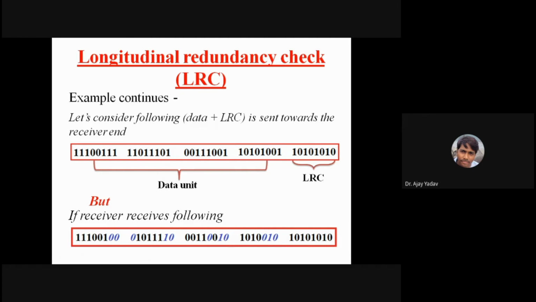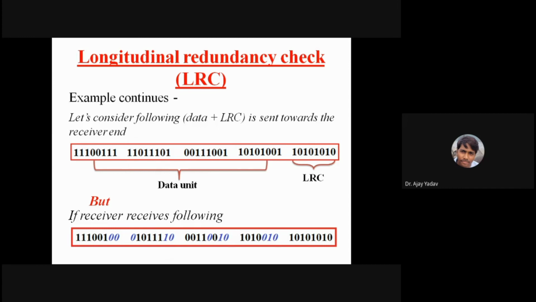Since there is a mismatch, the receiver circuit will understand that the data bits have got corrupted somewhere during the transmission, and therefore the whole expanded data will be discarded, giving back an acknowledgement message asking to kindly resend the data.